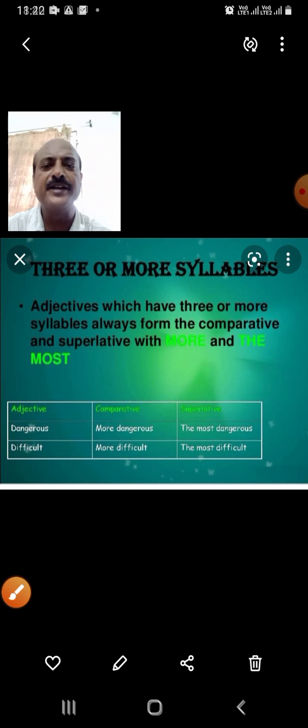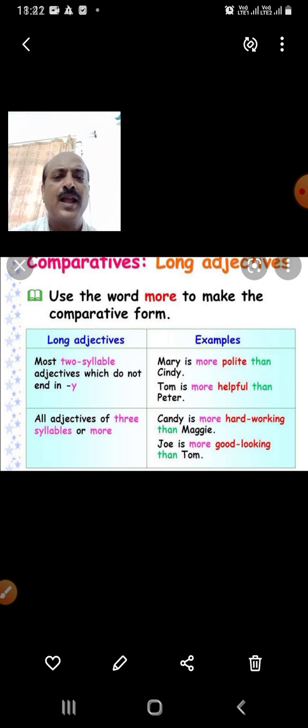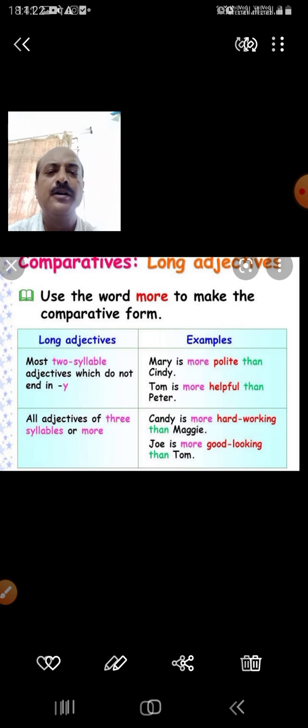Let us see some more examples. In comparatives, use the word more to make the comparative form for most two syllable adjectives which do not end in Y. Mary is more polite than Cindy. Now polite: O, I, E. There are three vowels. Tom is helpful.